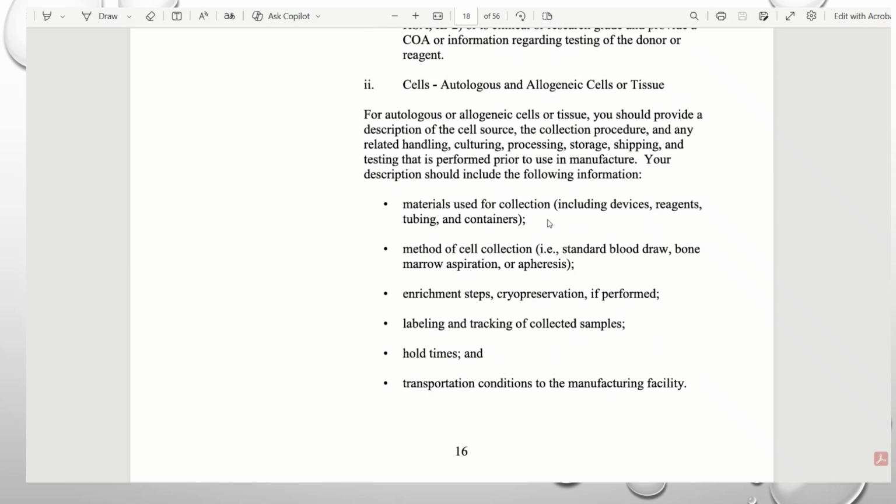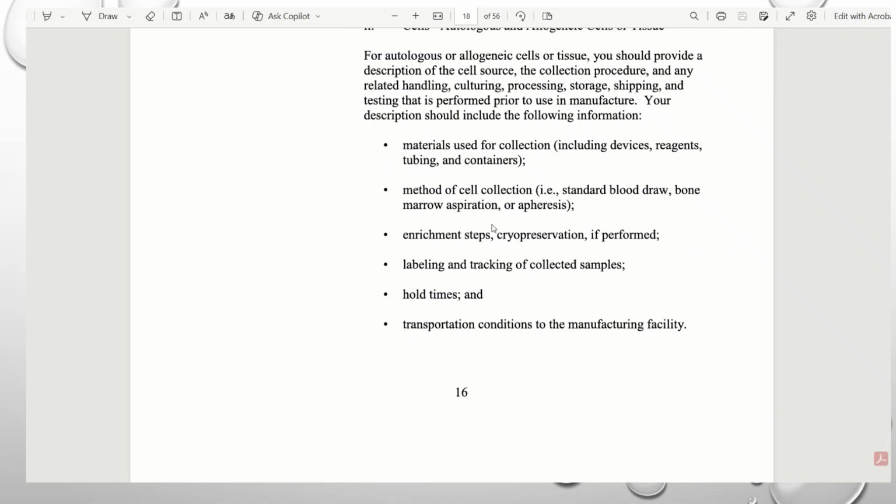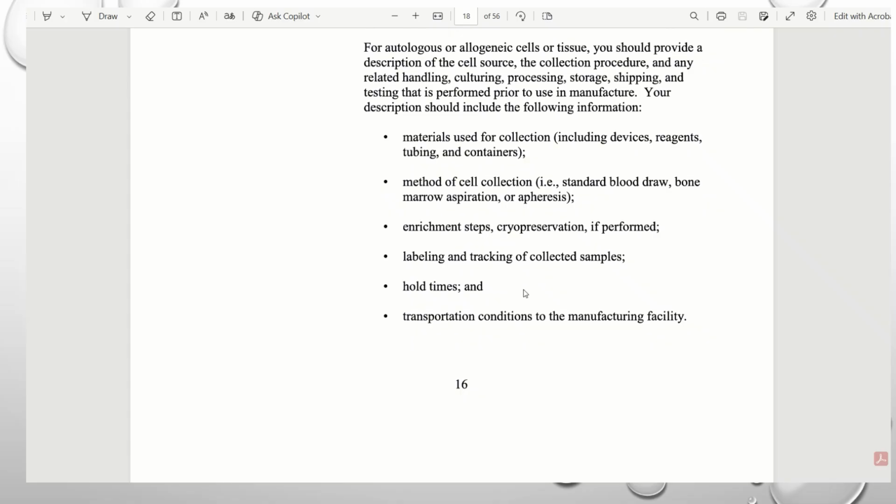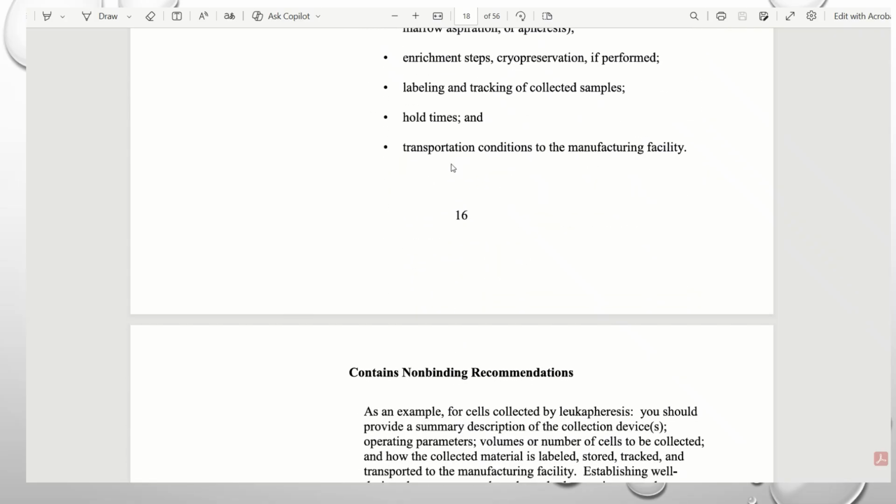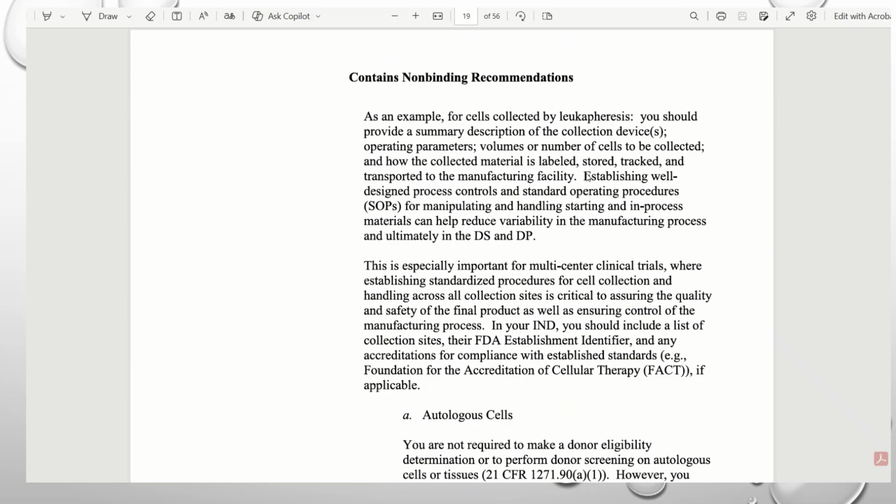The cells themselves, the initial genetic cellular material, could be autologous or allogeneic. If they're autologous, then you need to describe the collection procedures, the good tissue practice, any steps with regards to enrichment which would probably occur, cryopreservation, labeling, all of these things. Throughout, you need to provide data that supports the hold time and transportation conditions to manufacturing facilities.